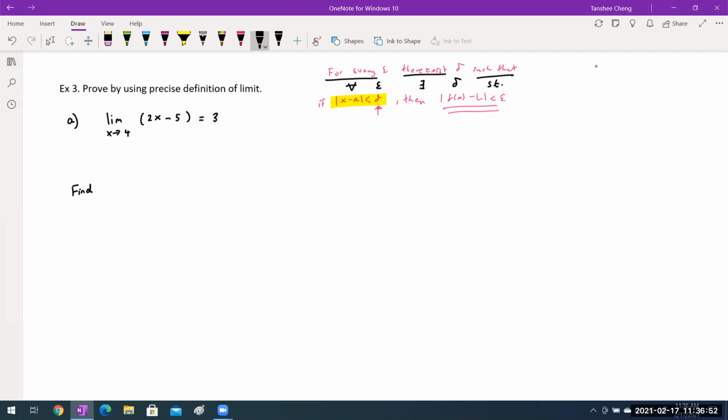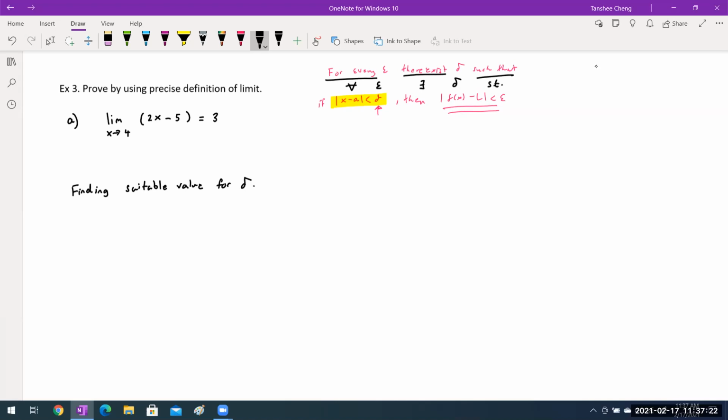So in this case, finding a suitable value for delta. This is what we want to start, finding the suitable value for the delta.